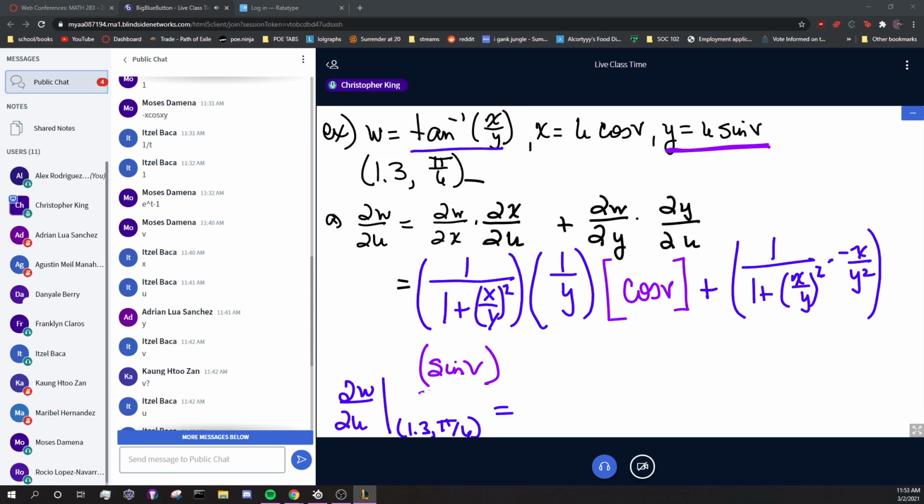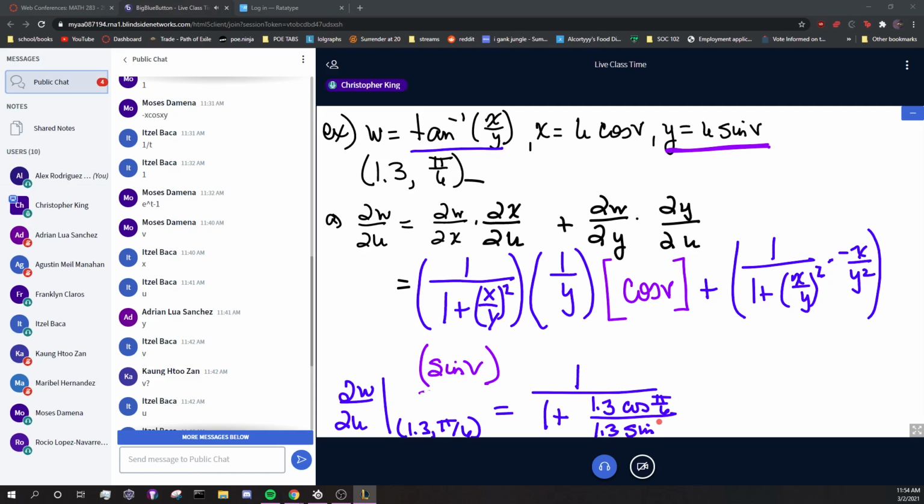So for x, we're going to plug this in, so it's going to be 1 over 1 plus, and in place of x, I'm going to have 1.3 times the cosine of pi over 6 over 1.3 times the sine of pi over 6. I'm going to square that.